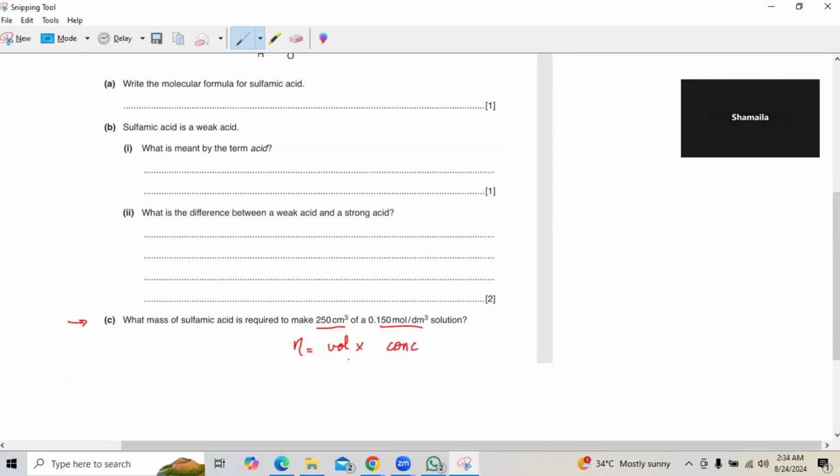But remember one thing, this volume has to be in decimeter cube, but this is in cubic centimeters. So to convert it, volume would be 250 divided by 1000, and the answer would become 0.25. You are going to multiply it with the concentration.